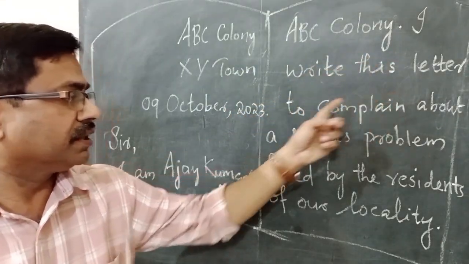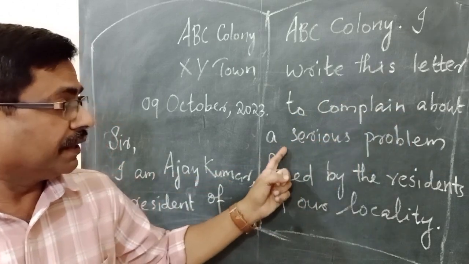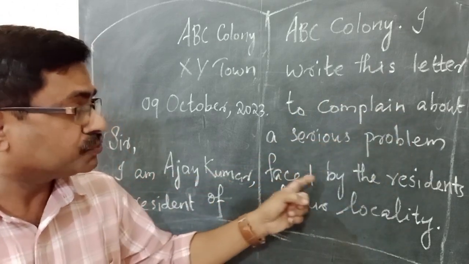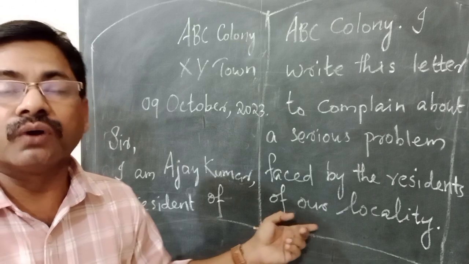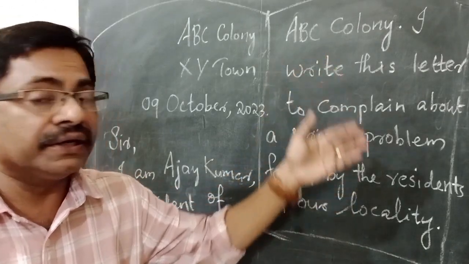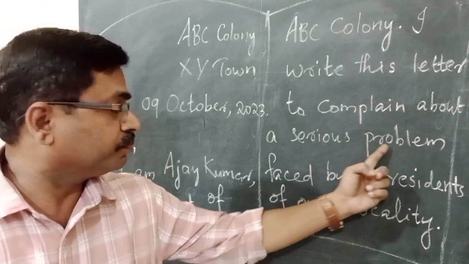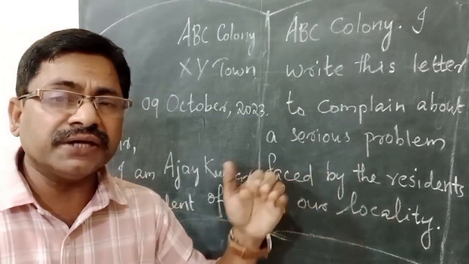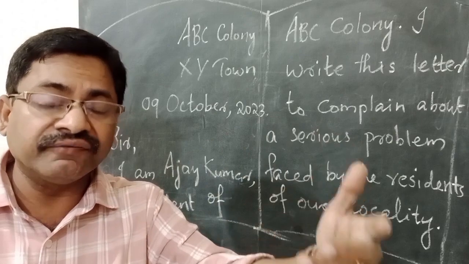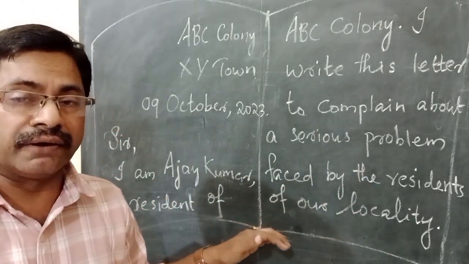I write this letter to complain about a serious problem faced by the residents of our locality. This is the introduction. Now, what is the serious problem faced by the residents? That should be written in detail, but briefly, in the second paragraph.